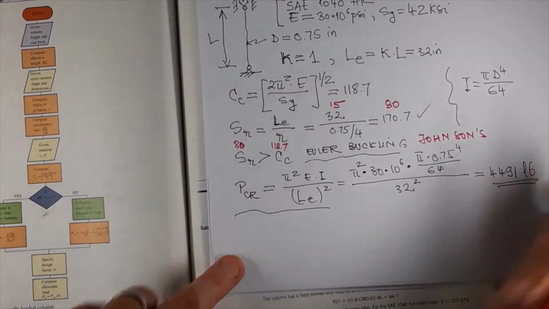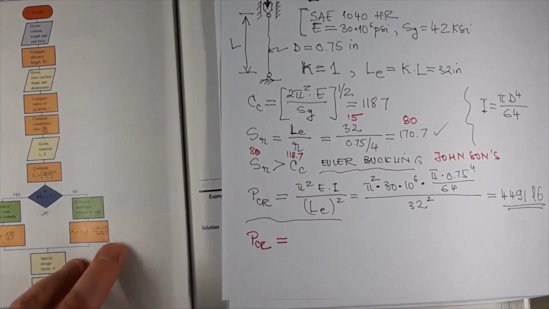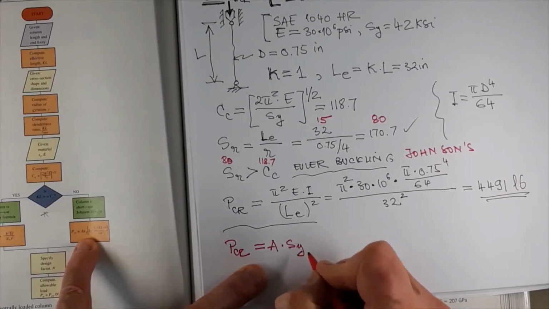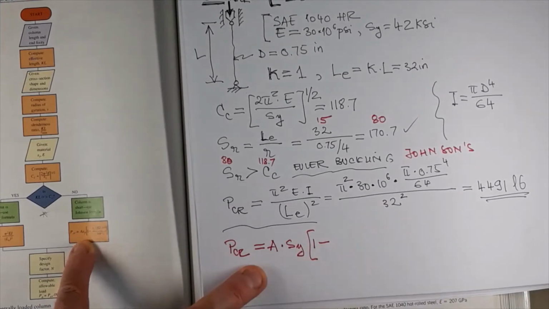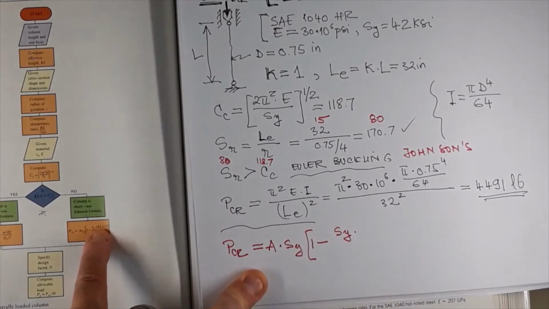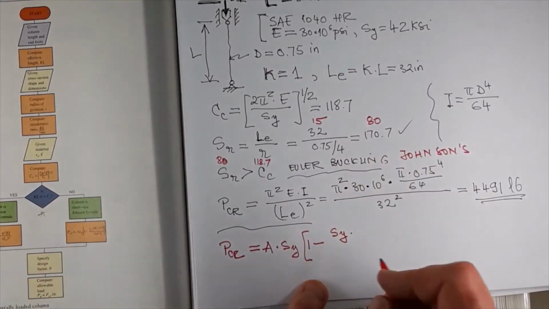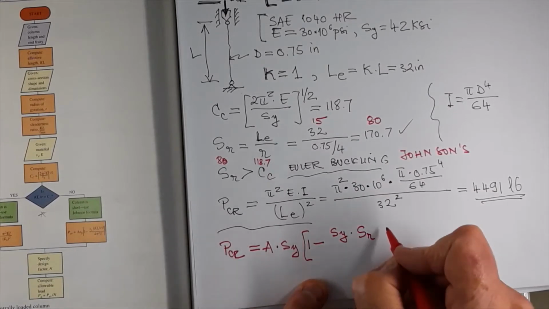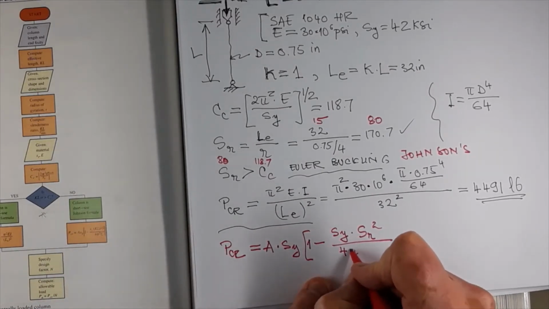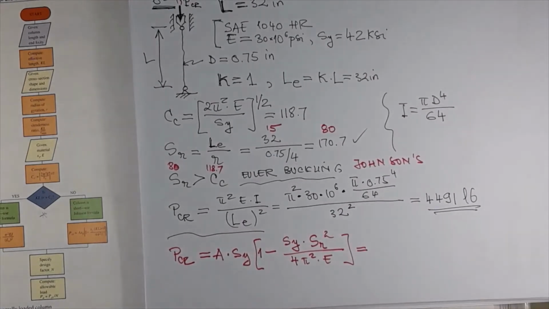So for this case, so problem 2 now, the critical load is going to be area times yield strength, times 1 minus yield strength times effective length over R, that's the slenderness ratio, at power 2 over 4 pi squared times E. Okay, so let's calculate the area now.